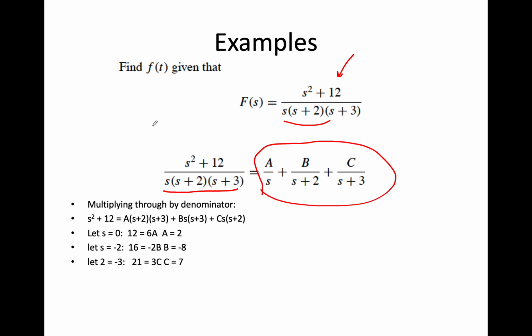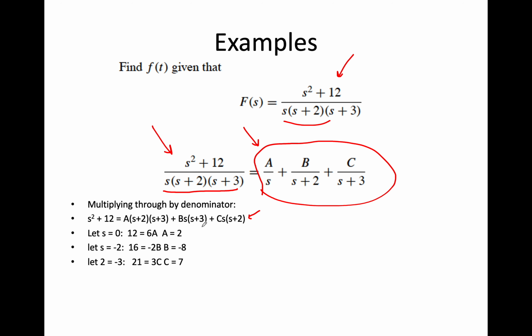And so what we actually are starting with is the answer, and what we want to go back to is what three terms generated our answer. We do that by just letting the numerators be unknown. So we have a over s plus b over s plus 2 plus c over s plus 3, and we assume that these two are equal. If you assume that and you multiply both sides by the denominator, you get an expression that looks like this.